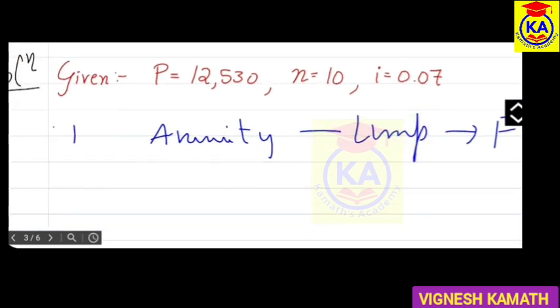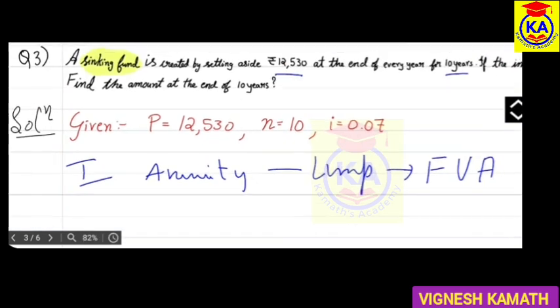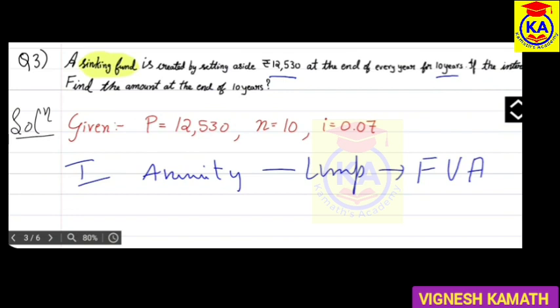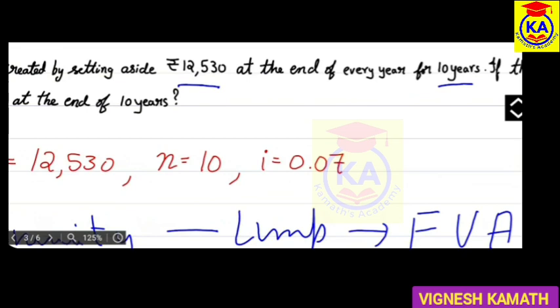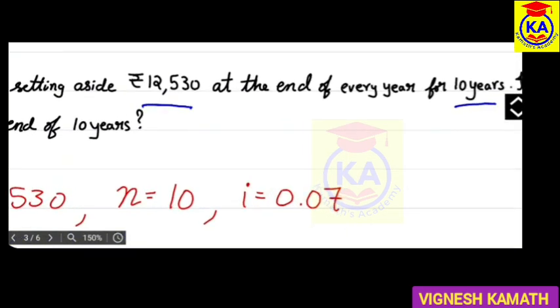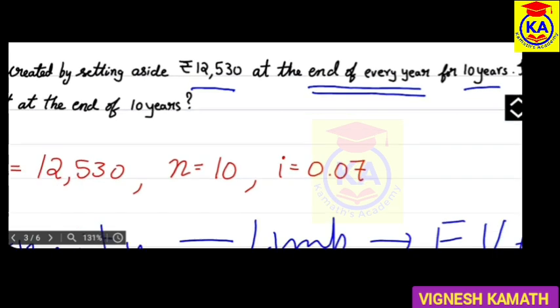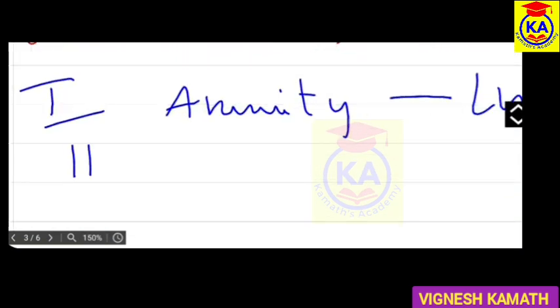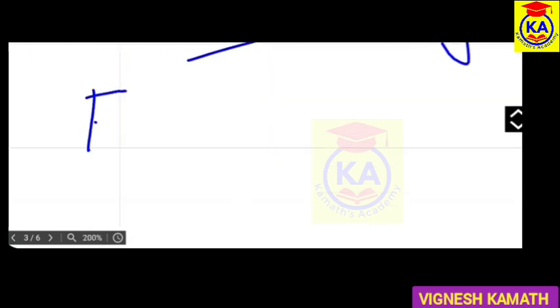Second case is whether this question belongs to immediate or due. You have to see the question properly. At the end of every year is given, so this belongs to regular. So we have to use future value of annuity regular.